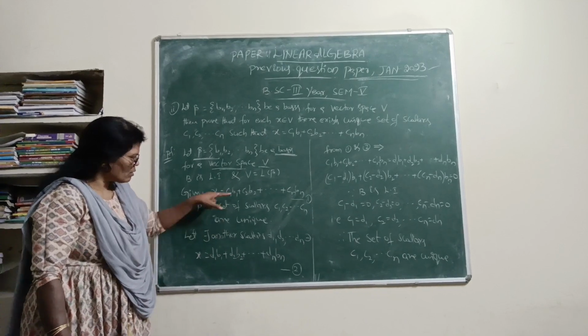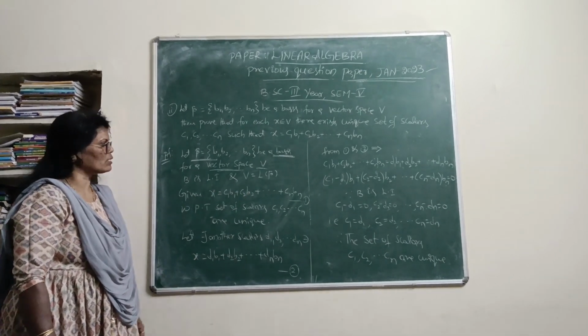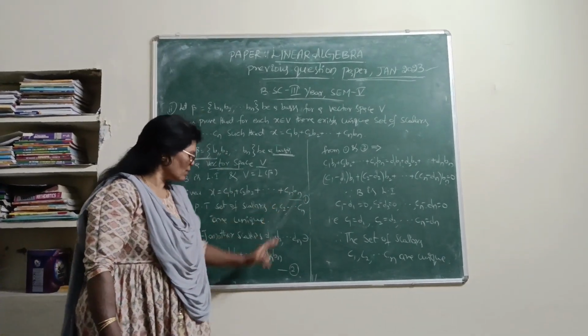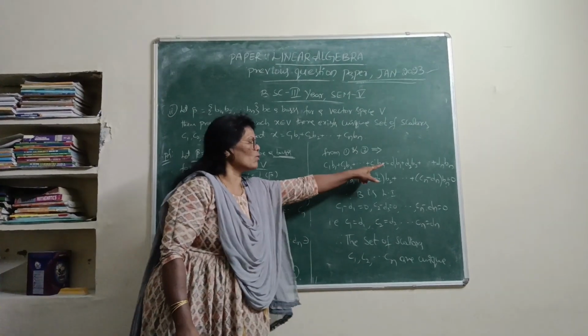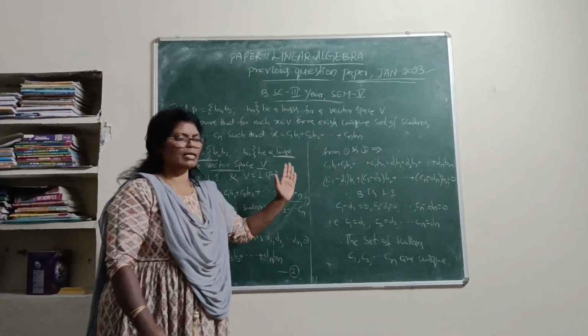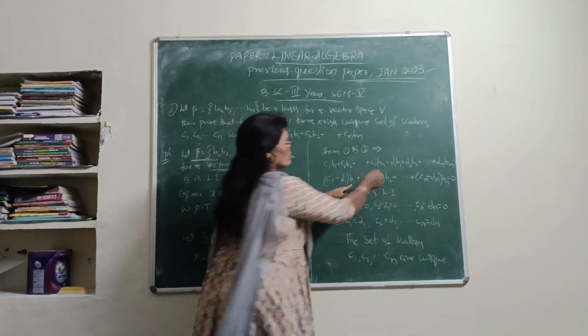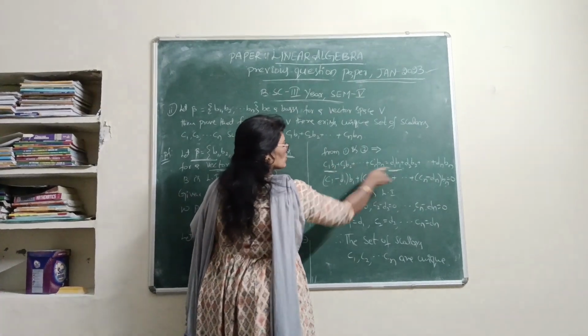So we can write from these two that the right side terms are equal to each other. So c1 b1 plus c2 b2 so on cn bn is equal to d1 b1 plus d2 b2 so on dn bn. And taking everything on the left hand side, c1 minus d1 into b1, because b1 is common.